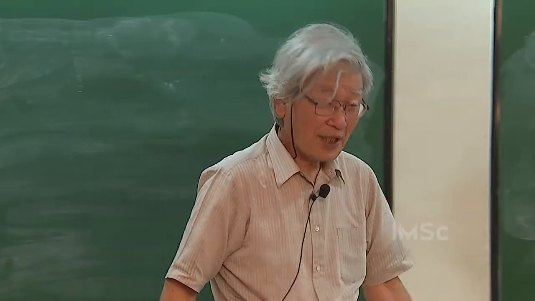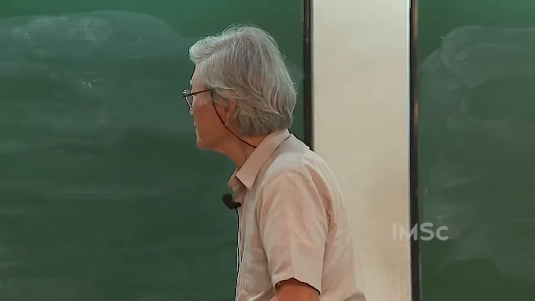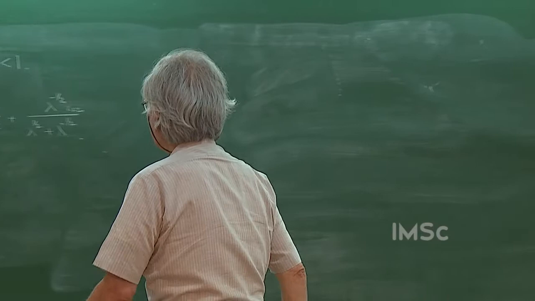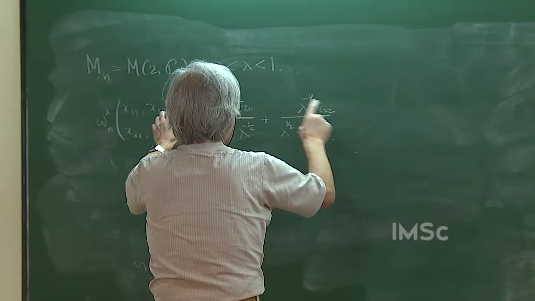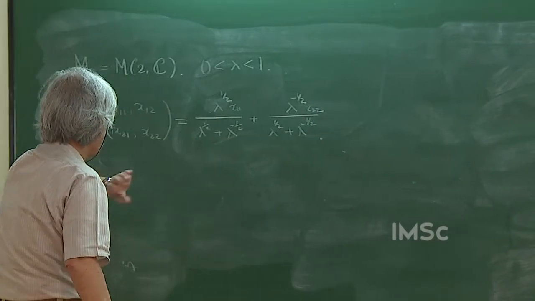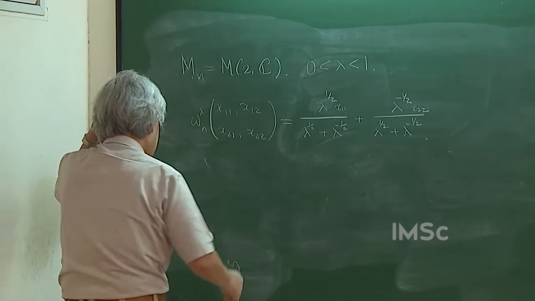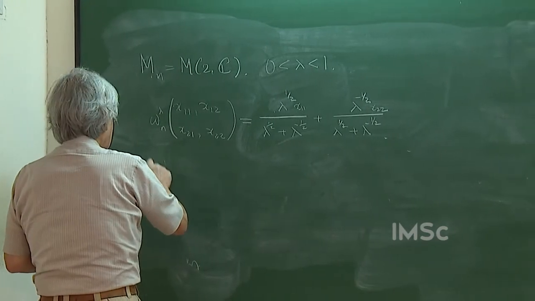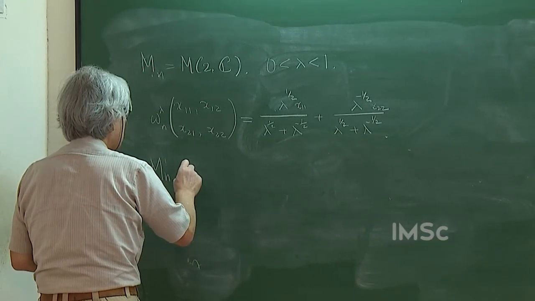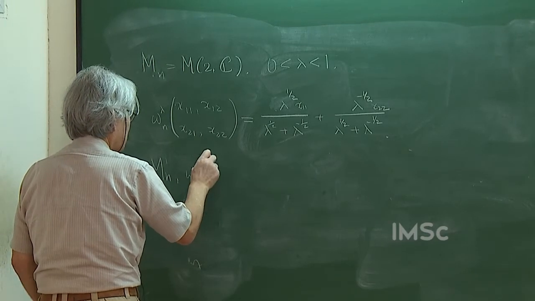Okay, that's the state. If you just assume x equal to 1, then this sums up to 1. So omega_n is a state. So (M_n, omega_n^lambda).